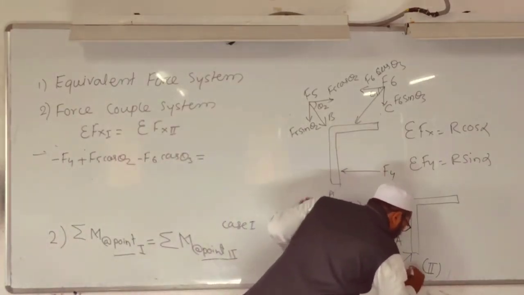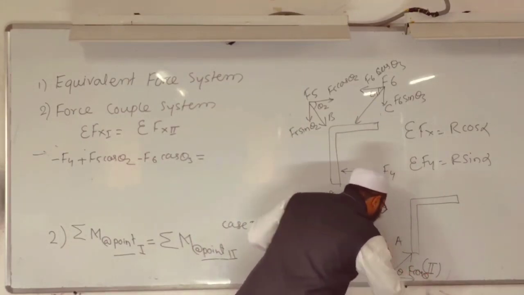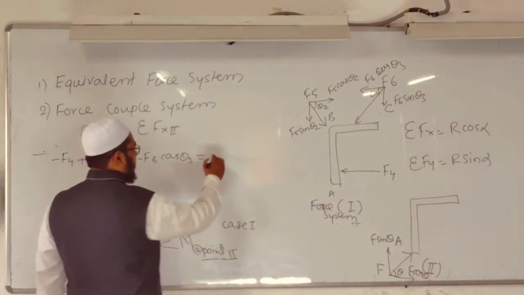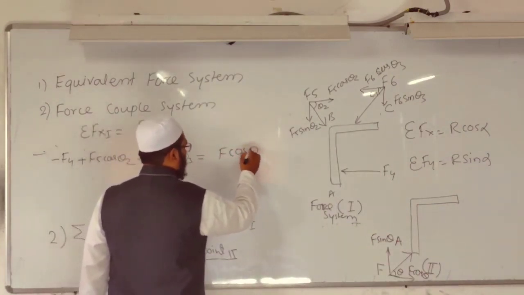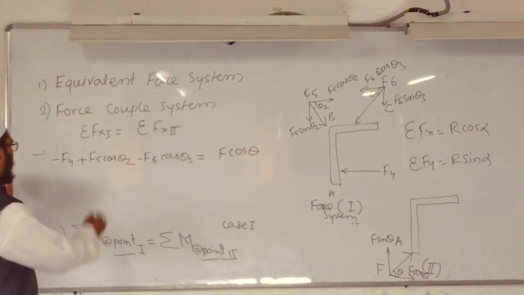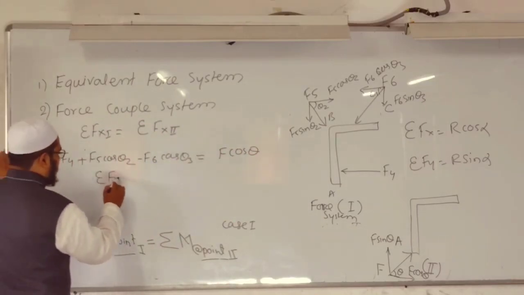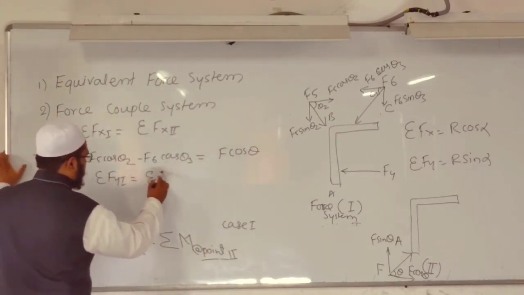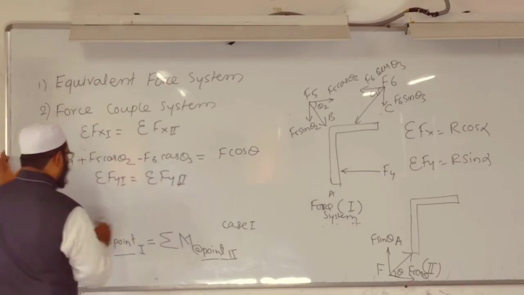I will divide it into two components, F cos theta and F sin theta. Therefore it is F cos theta. Similarly, I will write the second condition: summation of Fy of first is equal to summation of Fy of second.